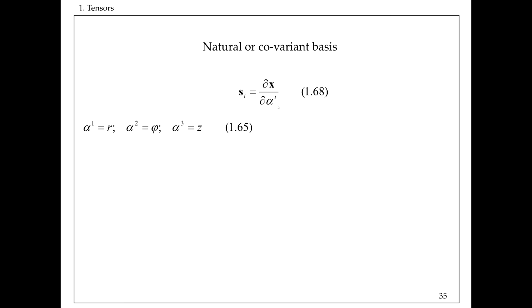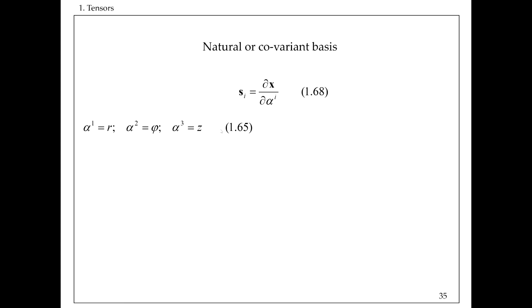And on the previous slide we also established the relationship between x and r, phi, and z, so the dependence is known. If the dependence is known, then we can go ahead and take these partial derivatives according to 168, and then we can calculate the new components of this basis vector.